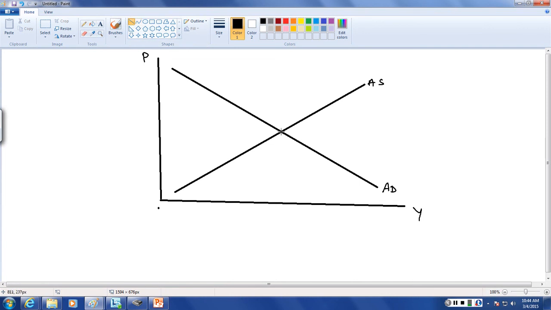This is our equilibrium real GDP, and this is our equilibrium price level. P star, Y star. But now, YF happens to be somewhat to the left of Y star. So unlike the previous diagram where YF was to the right of Y star, in this diagram, YF is a bit to the left of Y star.